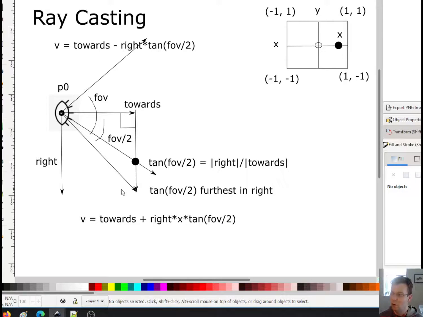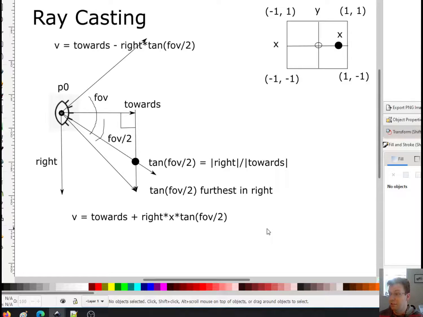So if I'm at 1, it's as far as I can be. It has the most right component it possibly can. If I'm at 0, it has no right component. It's fully in towards. And if I start to move negative to the left, you'll see that it actually subtracts off the right vector. Okay, so this is how you can determine the direction vector.